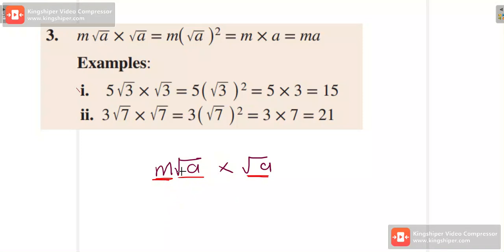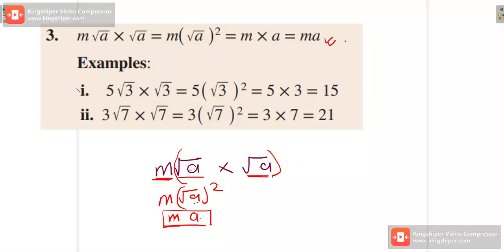So the rule says to pick the two irrational numbers, then you square them. So we have m, then you square the two because they are the same. It becomes root of a all squared. And we have just studied that the square of the square root will always produce the radical, which is a. So the end result becomes a. Then it multiplies the m. So the answer is ma, that is m multiplying a. That is what we have here.